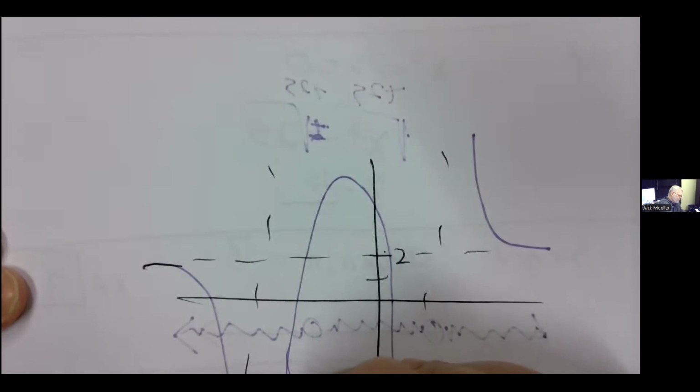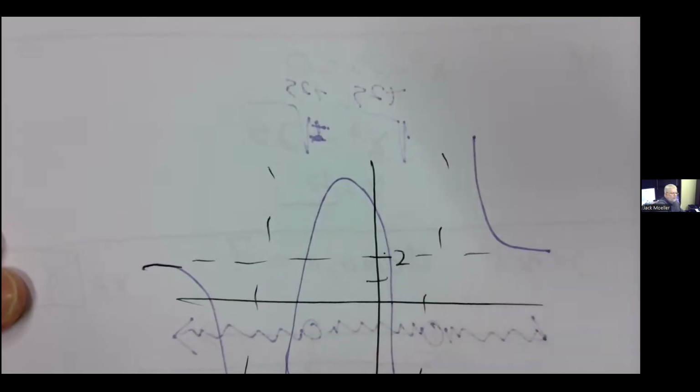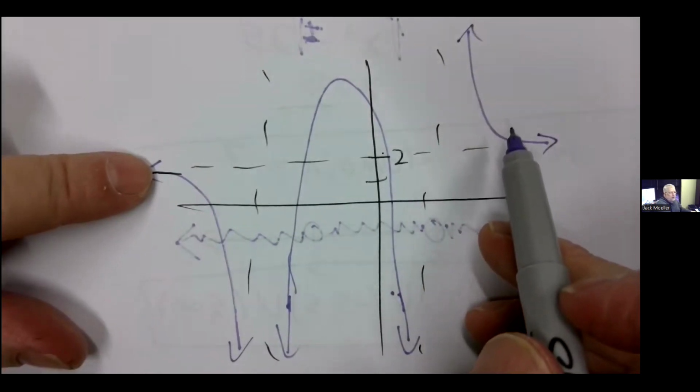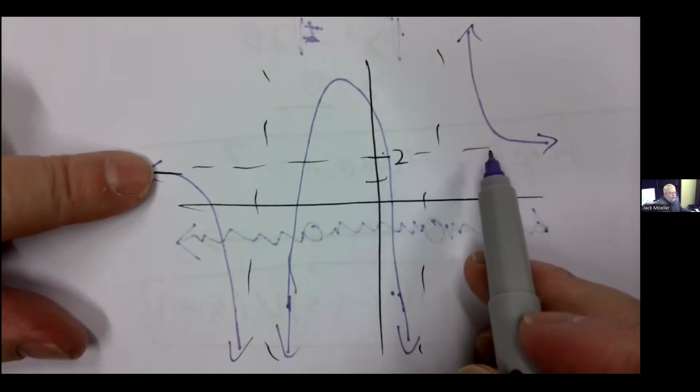It doesn't matter where the vertical asymptote is, but let's say I have something that looks like this. So these pieces here are never going to cross y equals 2.